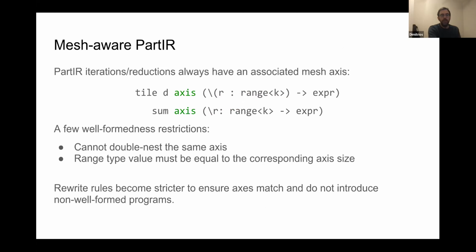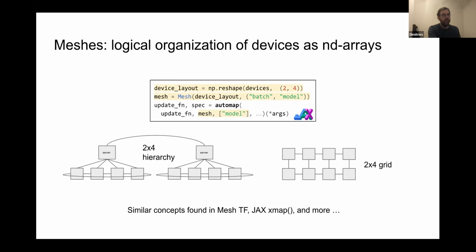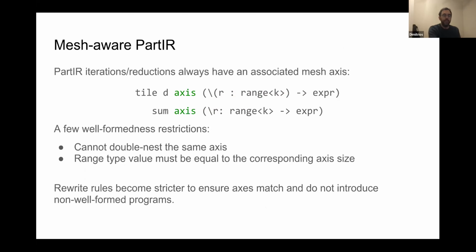So in PartIR, we don't talk about devices, but we talk about meshes as basically a sequence of named dimensions, batch 2 and model 4 in this case. So the PartIR iteration loops and the reduction loops always have an associated mesh axis with them.